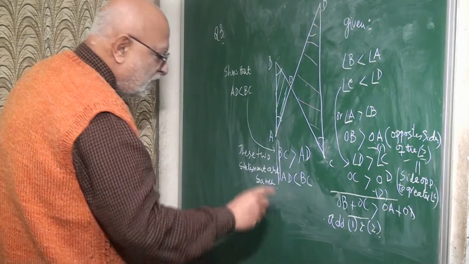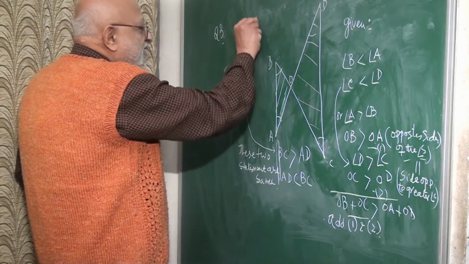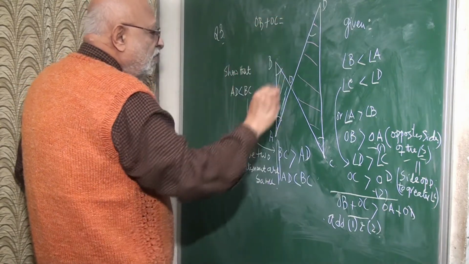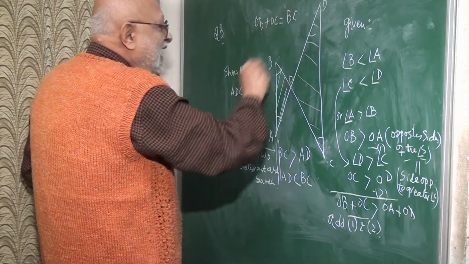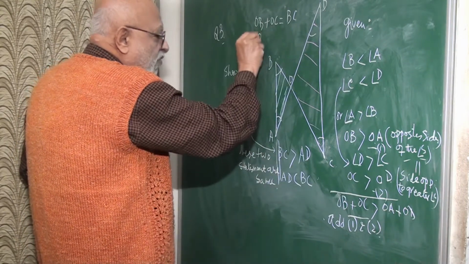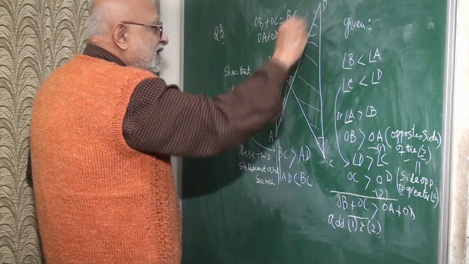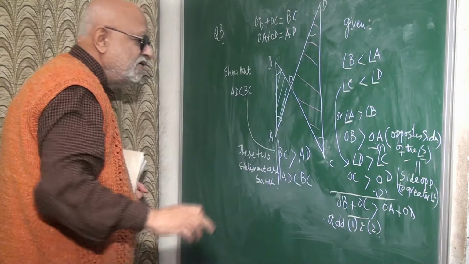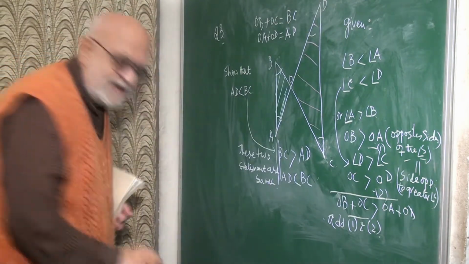Let me put down another line so that it will be complete. OB plus OC is equal to BC, and OA plus OD is equal to AD. So that completes it all the way. Nobody should have any difficulty in understanding it.